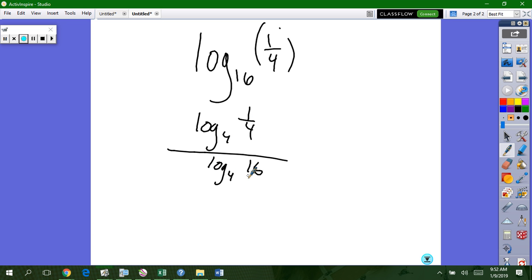That might be a little tricky for you, something I could do in mental math. 4 to what power is 1/4? -1. 4 to what power is 16? So Jasmine, that's a reason why you might want to switch it to another base if you weren't doing it without a calculator.